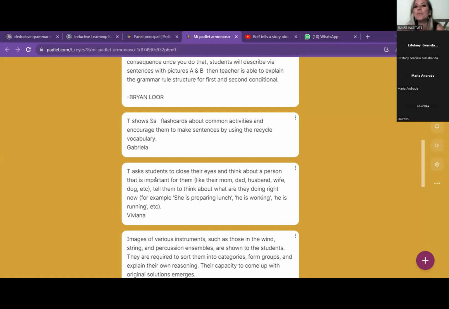We were writing. Remember, when you start teaching inductively, it means that you're not going to start with grammar rules. You focus first on activity, right? On activity, without your students realizing that they are learning grammar.